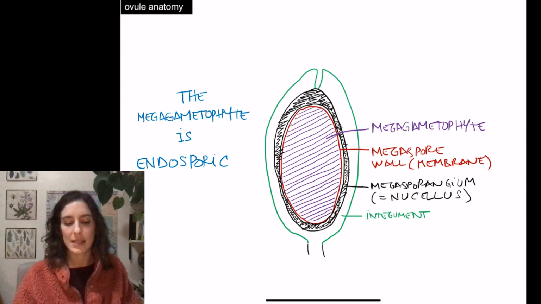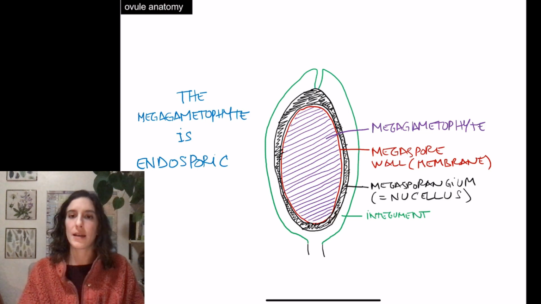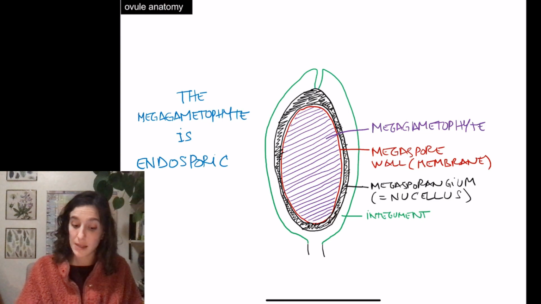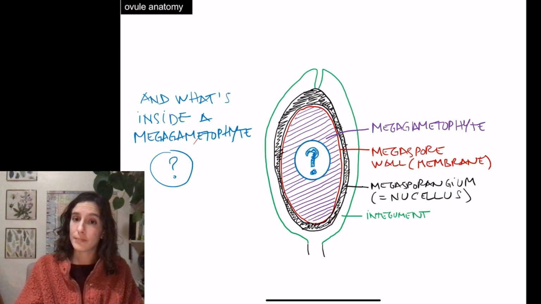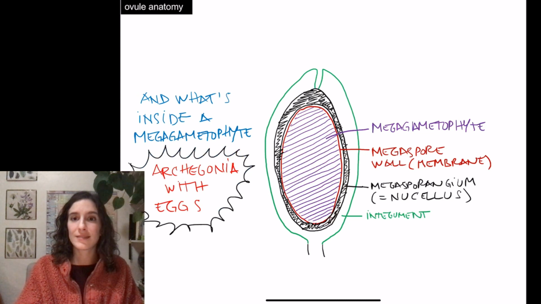The megagametophyte is endosporic. Again, that just means that it never emerges. It's formed inside of something, and in this case, inside of the megaspore wall membrane. So then what's inside of the megagametophyte, you ask? Well, just like on all the other gametophytes we've talked about, archegonia. And what's inside an archegonium?